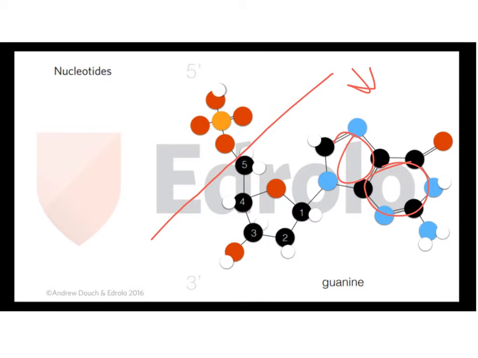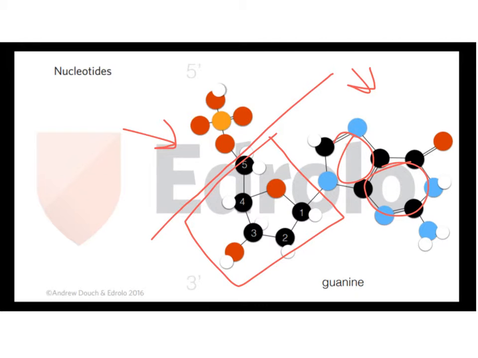We've got our sugar, which is this numbered structure through here, this pentagon with the fifth carbon as a tail. And we've got our phosphate group, which is this one here. So phosphate being the orange and the oxygen being the red. And we've got some hydrogens attached, which are the little white dots in this structure.